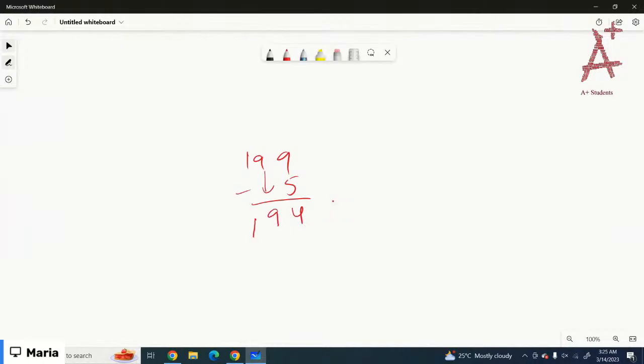Bring 9 as it is and 1. So 199 minus 5 is 194. Got it?